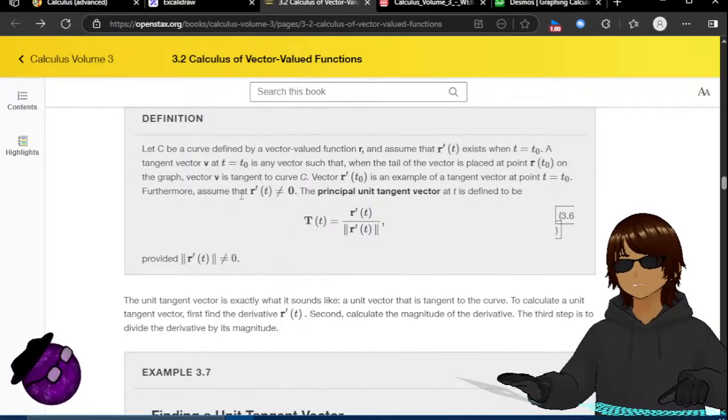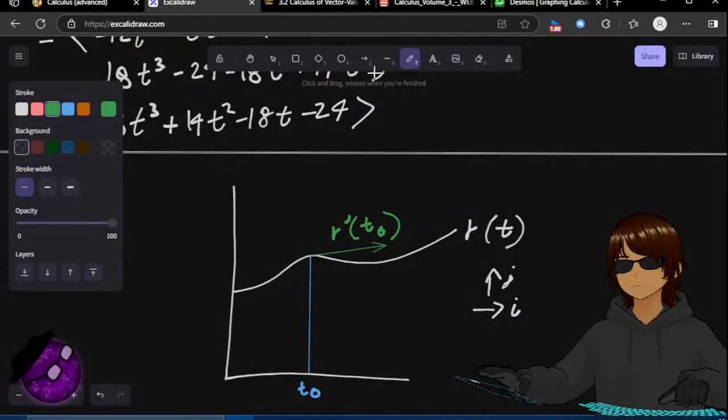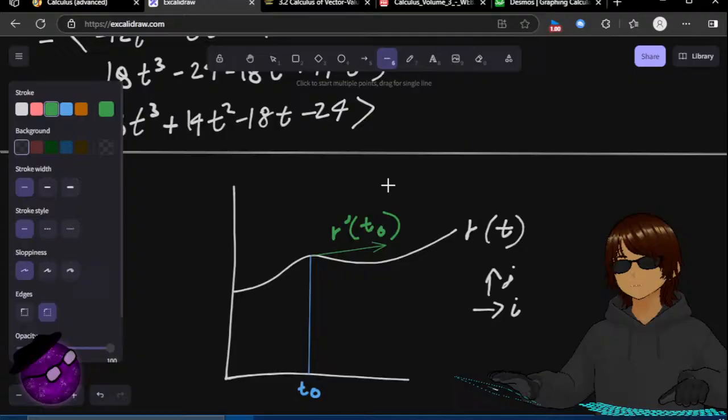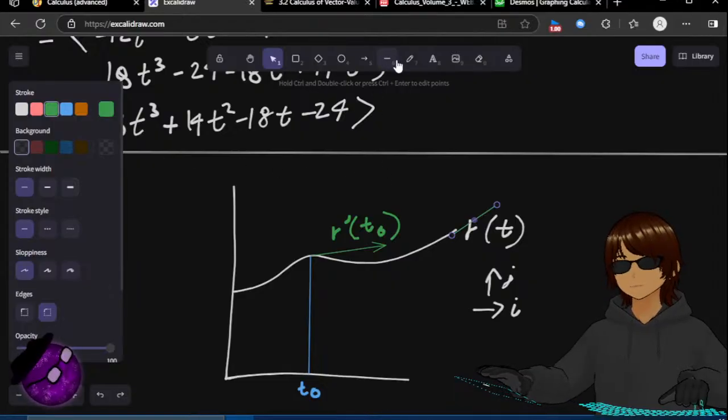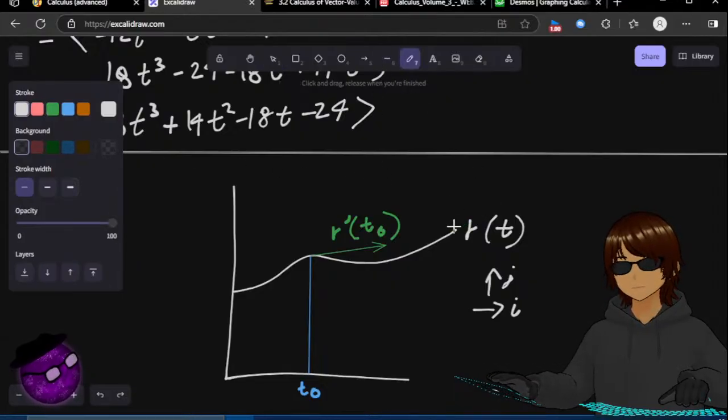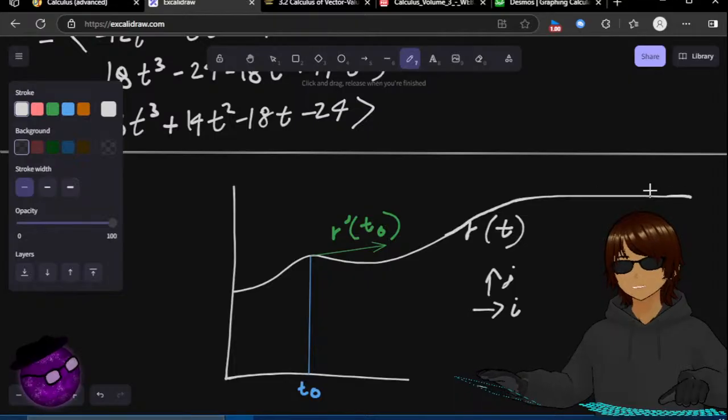Furthermore, assume that the derivative of r is not 0. Okay, so what they mean by this is, if it's a straight line, right, the graph continues and it's a straight line, then the derivative here is 0.